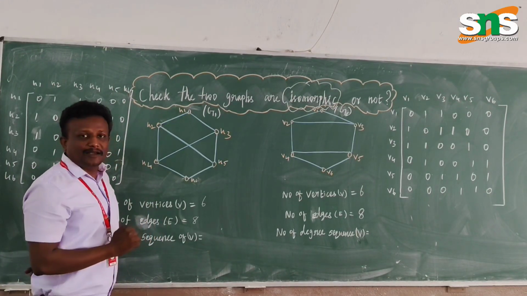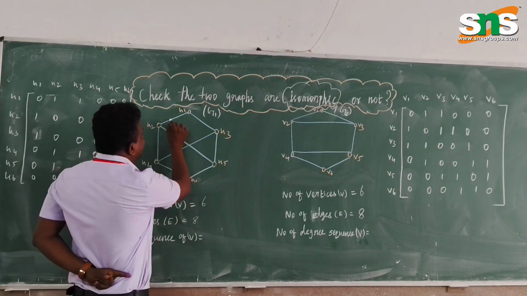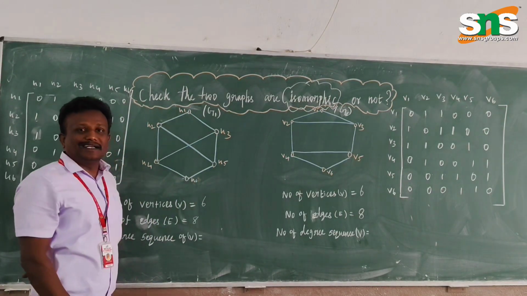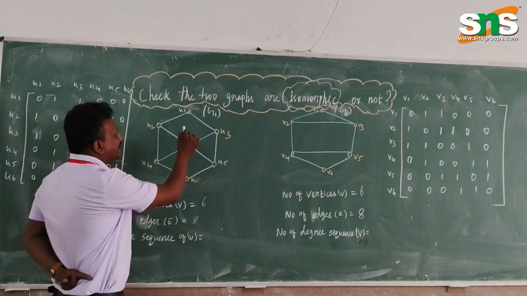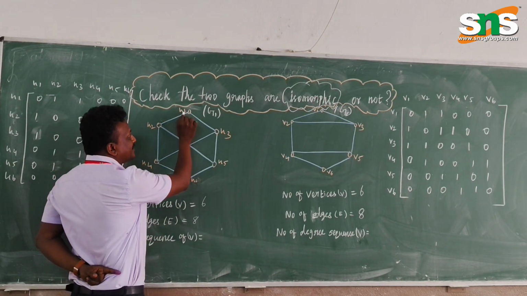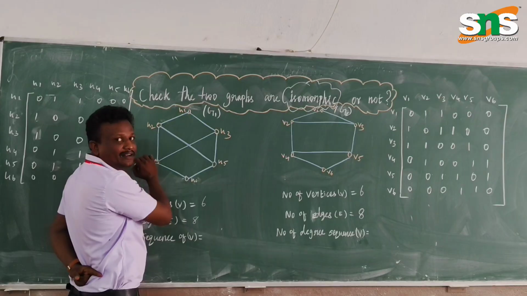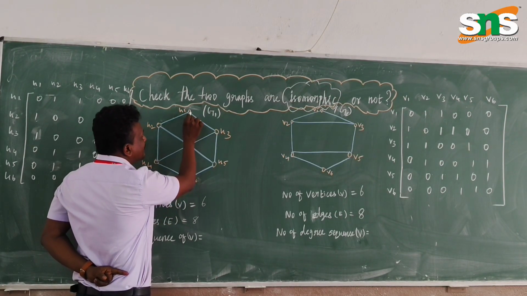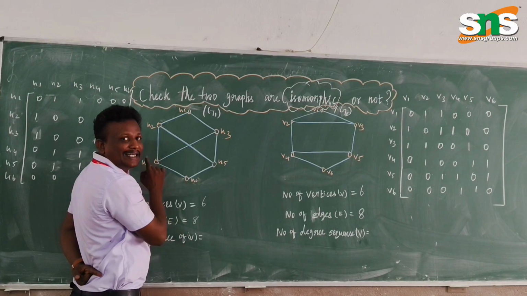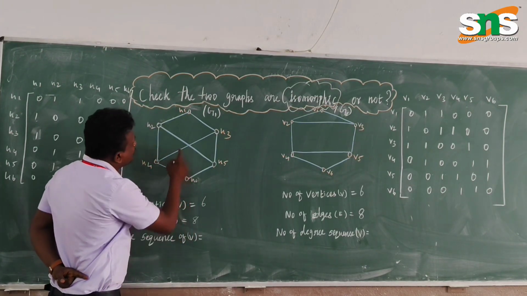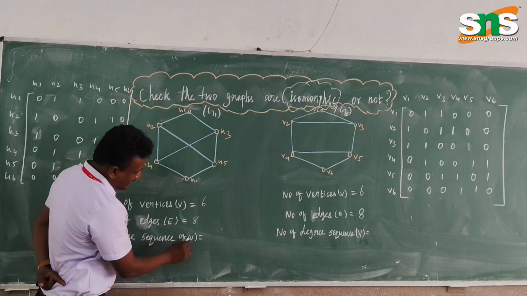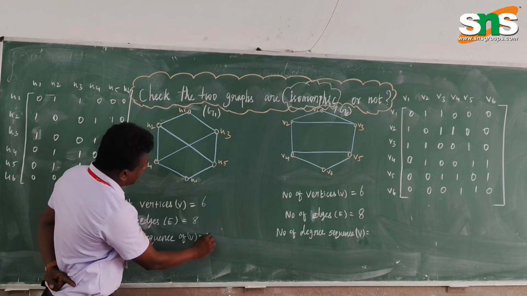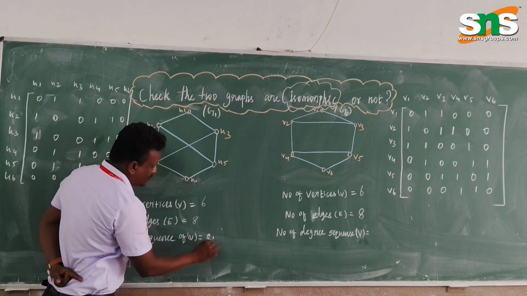Degree is nothing but the number of edges incident to that particular vertex. Here we have vertex 1, named U1. Two edges are incident with this vertex, so the degree of U1 is 2.